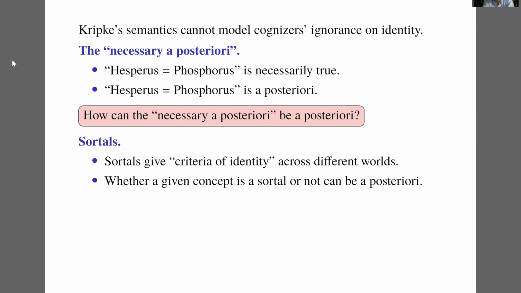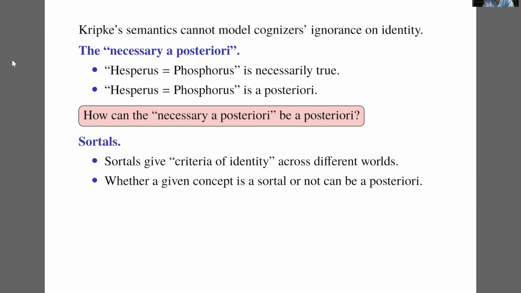But then the question arises whether some given concept, like elementary particles, is a sortal or not, giving a criterion of identity or not. That's something we have to find out using physics and so on. So in a way, that's a substantive fact. It's not just a matter of logic.